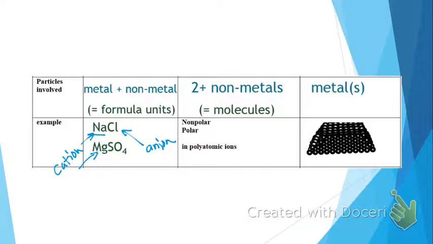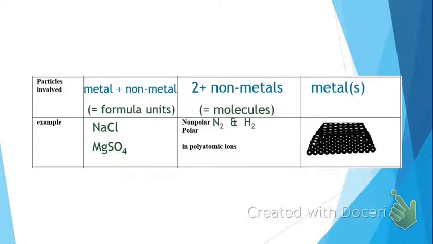So first is always positive, second is always negative. And you can see in this second example that I have more than one nonmetal, more than one anion here. And that's actually what we call a polyatomic ion, and it's made up of multiple atoms, but we'll get into that later.